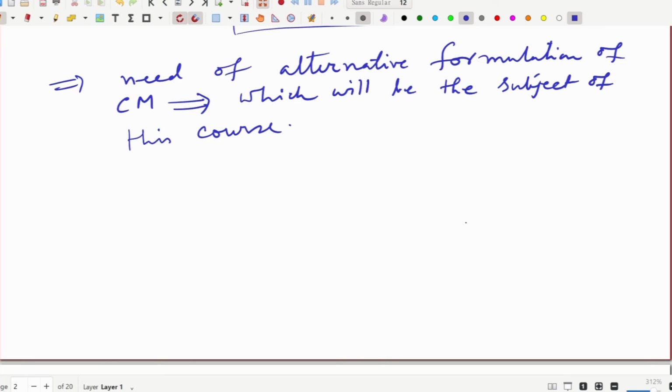Okay, so this is all about Newtonian mechanics. So let me ask an activity question: what are the disadvantages of Newtonian mechanics, and in which way can we remove these disadvantages?